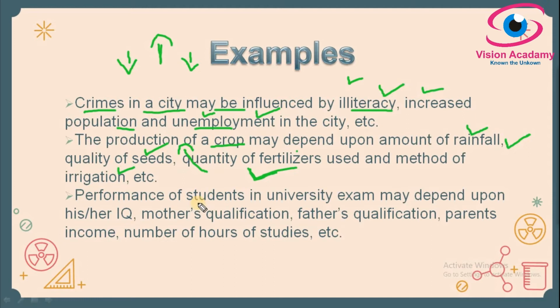So production of crop is the dependent variable here. One more example we can have: performance of students in a university exam.